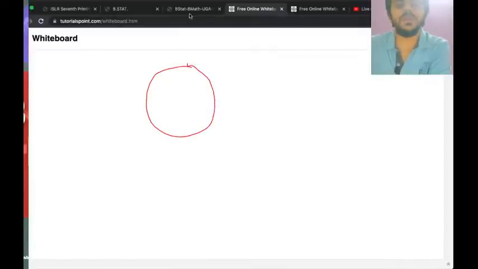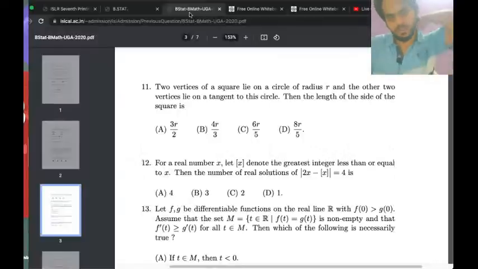Okay, and then you have two vertices lie on the tangent and two vertices lie on the circle.